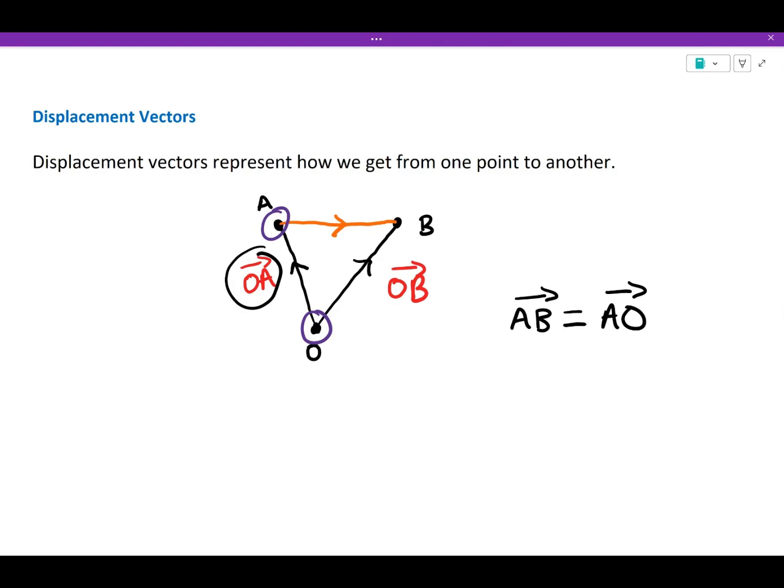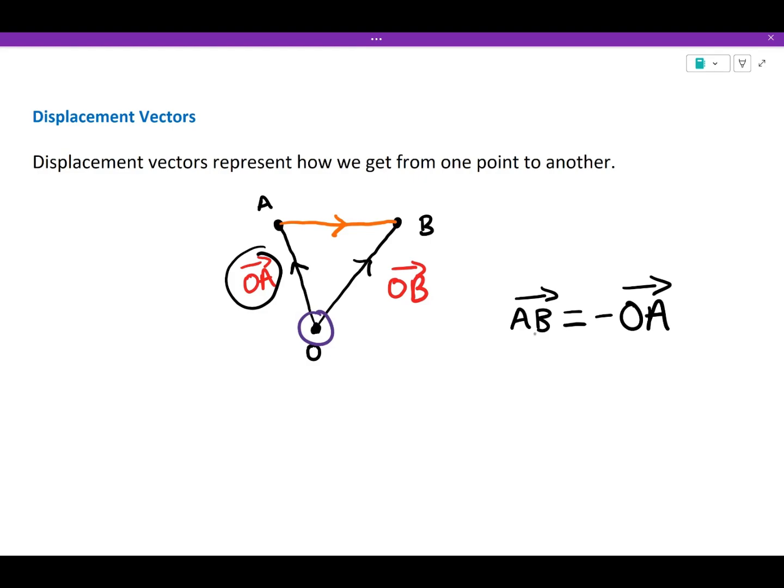Well, they're multiples of -1 of each other. So instead of writing A to O here, this is equal to -O to A. So I'm actually going to replace this with -O to A, like that. And that will tell me how I get from A at the top here down to O at the bottom here. So we're now at O, so I'm just going to circle that in purple.